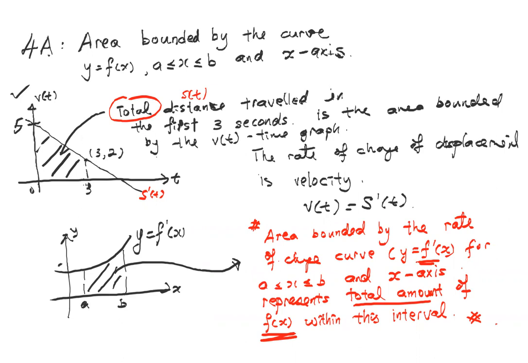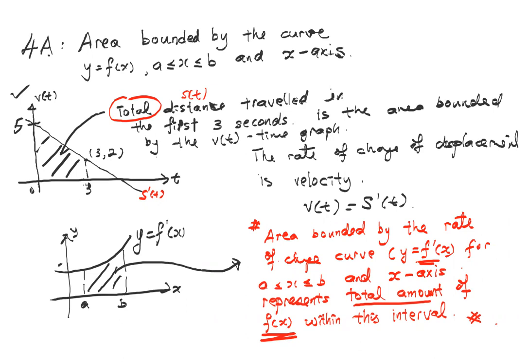That is the first concept. So for your SAT, for everyone, you have to be very careful. What graph do I give you? The area is the total amount of f(x), like this one is total distance or total displacement. I'm making a general statement, so I don't know what my f(x) is.